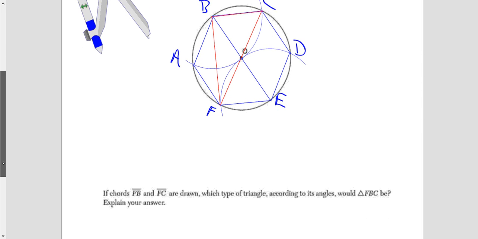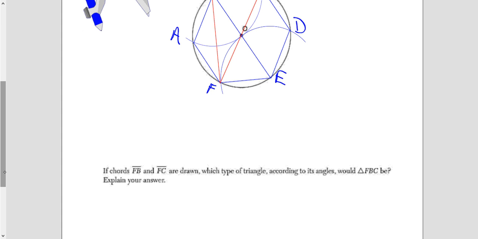So they asked, what kind of triangle would FBC be, the one we just sketched in there? Right triangle. Remember, there are two conditions that have to be met. It meets both of them. What were the two conditions? First of all, that triangle is inscribed. That's the first condition, and also what?